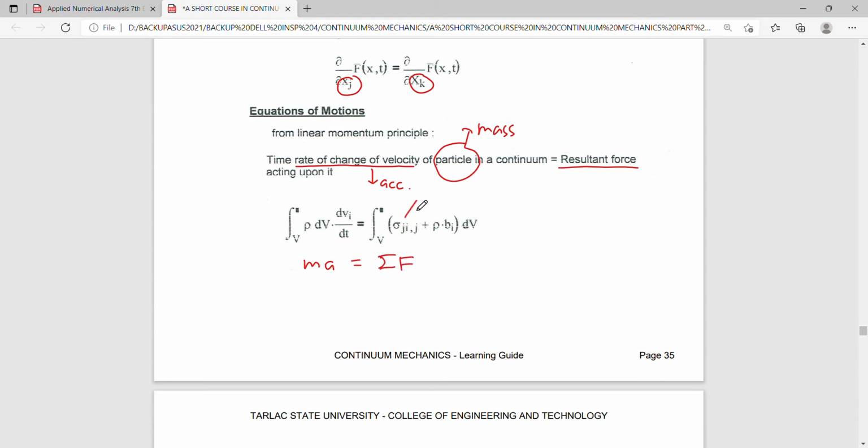And the summation of forces is composed, of course, of the surface force or the traction force and the body force. So in our day-to-day encounter of structural engineering analysis, we are just referring to the applied forces and the self-weight, okay, or the inertia forces. So this equation of motion is not new to us, so it was just presented in a different form.